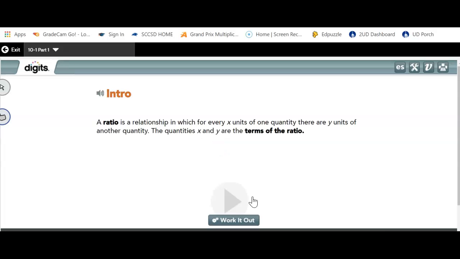What are some examples of a ratio? Caitlin? 4 to 5. Owen? 63 to 74. Can you give me an example? Those are two numbers comparing each other, but what does 63 represent?